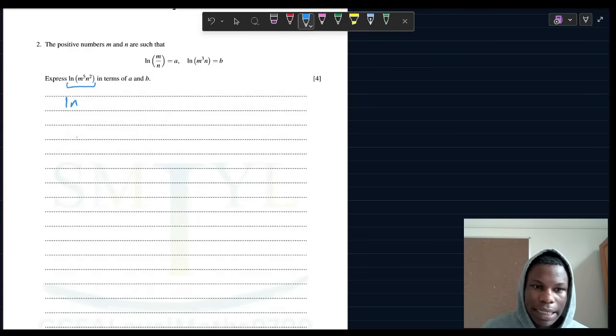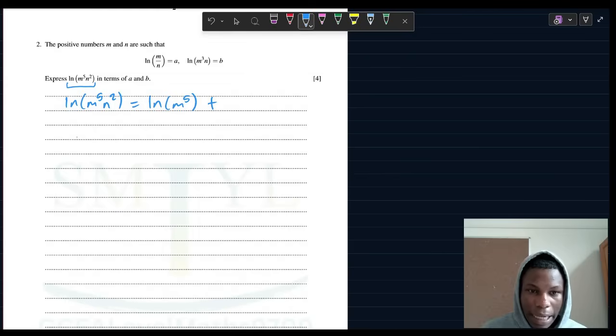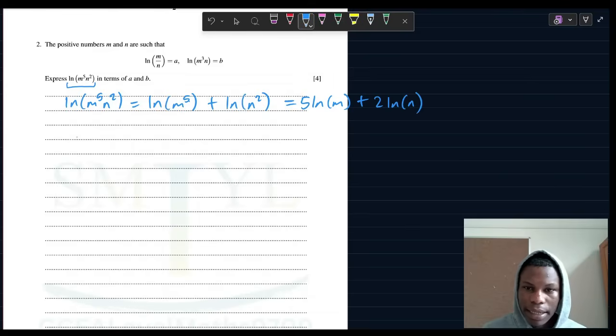Okay. So we know that ln m to the 5 n squared can be written as ln m to the 5 plus, since they're multiplying, ln n squared. And then I want to drop the powers. So we know that this can be written as, you drop the 5 ln m plus, drop the power here, 2 ln n.